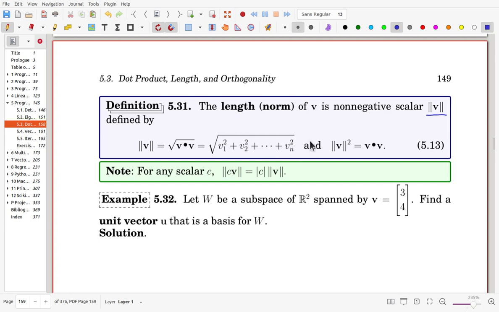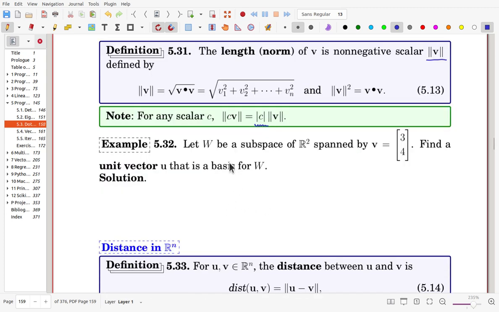By squaring both sides, we have the norm of v squared is the same as v dot v. For any scalar c, if you multiply c by a vector v and take the norm, that is the same as the norm of v times the absolute value of c. You have to be careful and put the absolute value sign on the scalar.